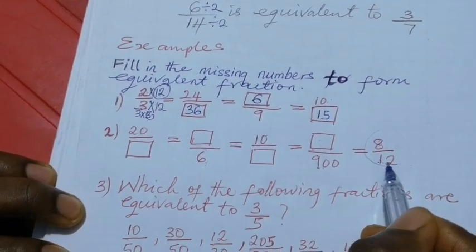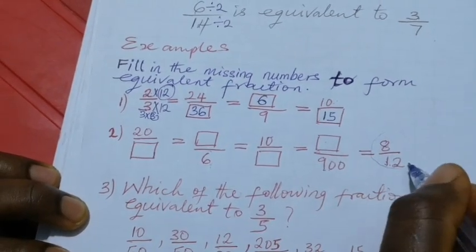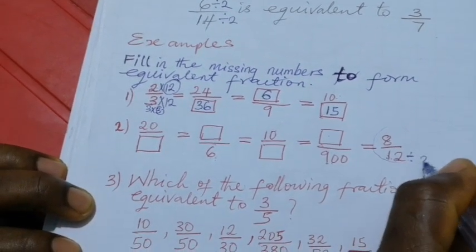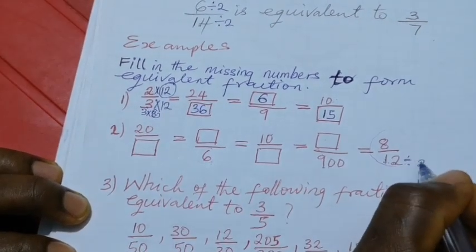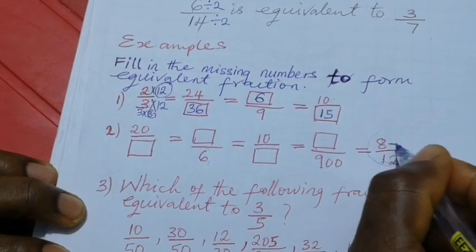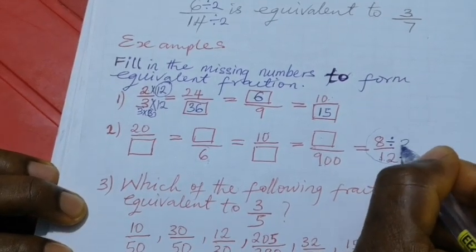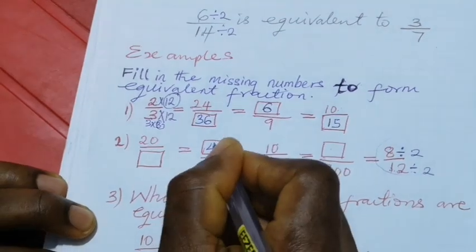Now, it is 12 divided by 2 that will give me 6. So 12 divided by 2 is equal to 6. The same 2 here, I will use it and divide here, so that 8 divided by 2 will give me 4. So here is 4.